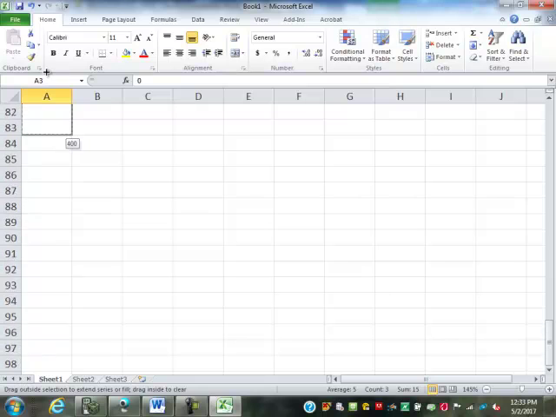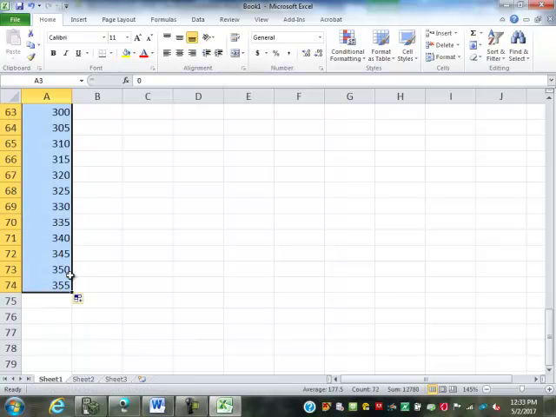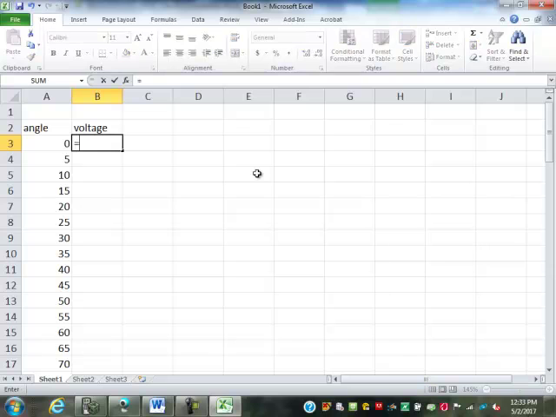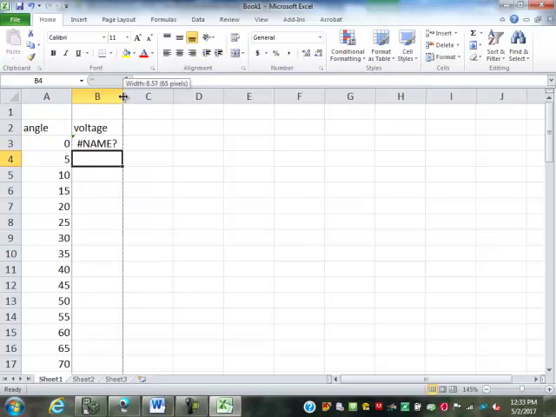Oops, there's a little bit of a jump. I should probably stop at 355. So the voltage is equal to 170 times the sine of that angle. Well, come on now.